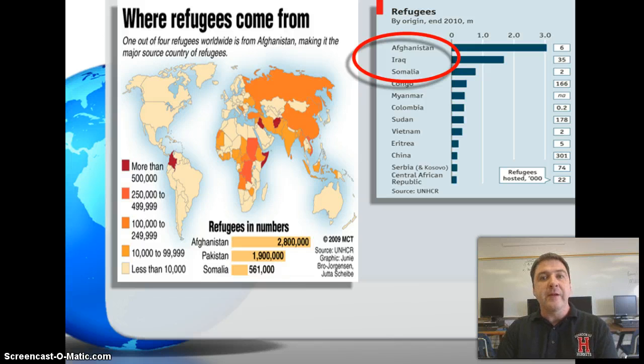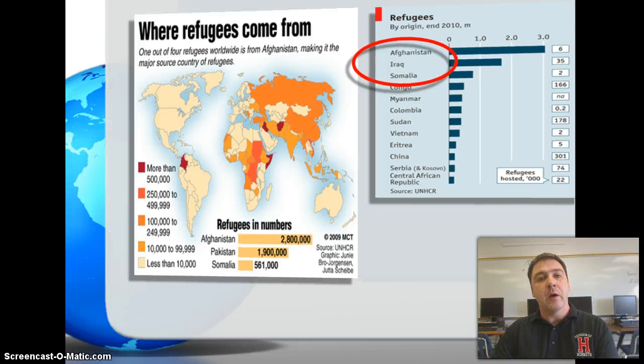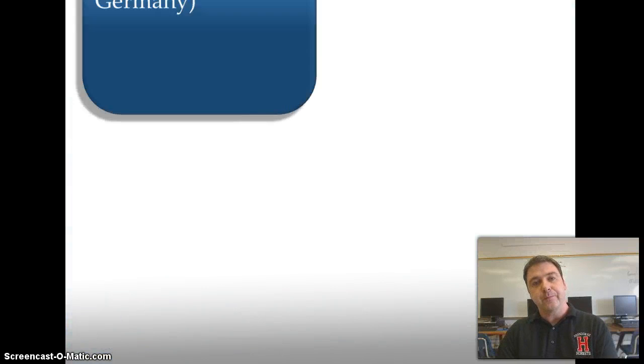Okay, all three of these were countries that in 2010 were enduring wars and conflicts within their borders. So we see in these cases millions of people fleeing those countries to find safety in other countries. Now we'd probably have to add Syria to that list. I don't see Syria, but with the conflict there in Syria, it's another area producing a large number of refugees.